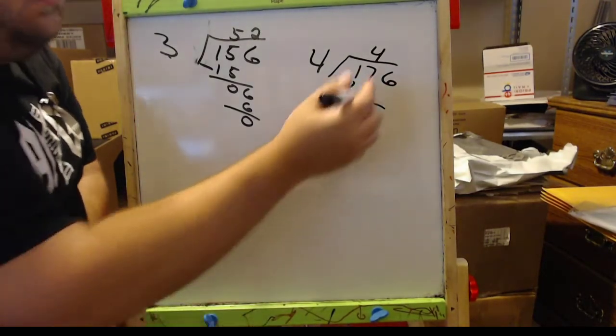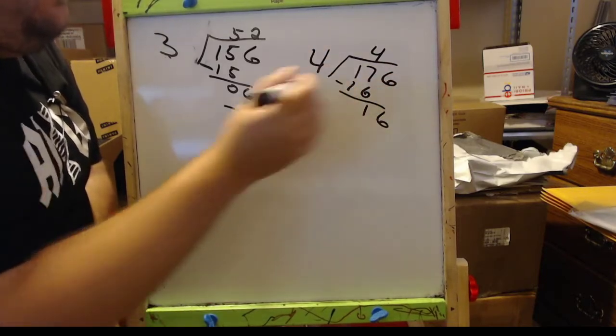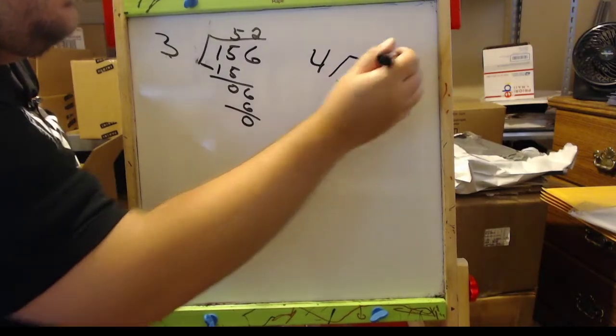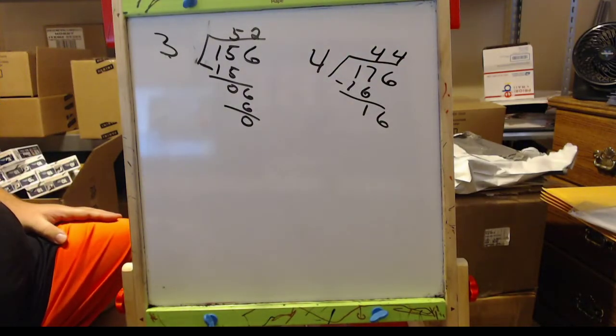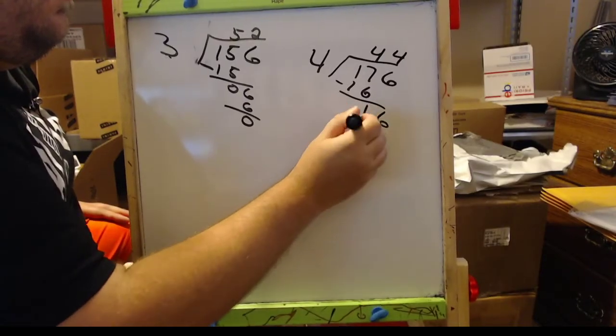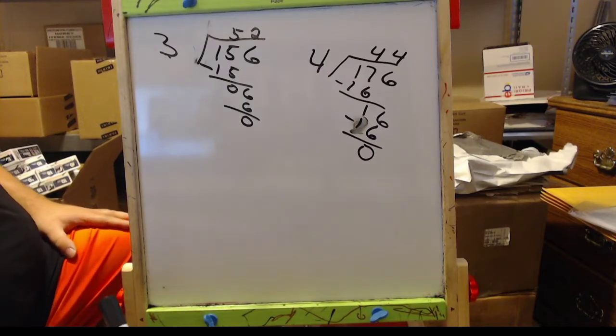Subtract. We got 1. Bring down the 6. 4 goes into 16 4 times. And that's 16. And we're left with a 0.